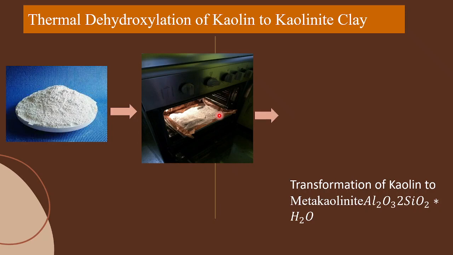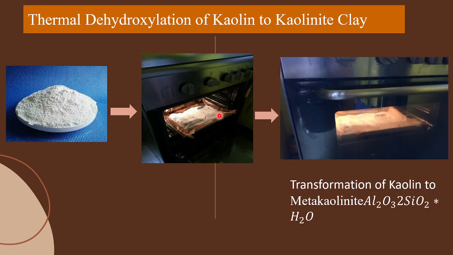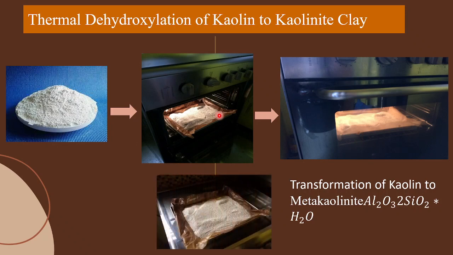So this kaolin clay is subjected to thermal dehydroxylation for us to use it as a membrane, because simple kaolin clay would not give us anything, because it is still not a metakaolinite. The main difference between metakaolinite and kaolin is the structure, and what we are going to harness in the membrane is the metakaolinite structure.